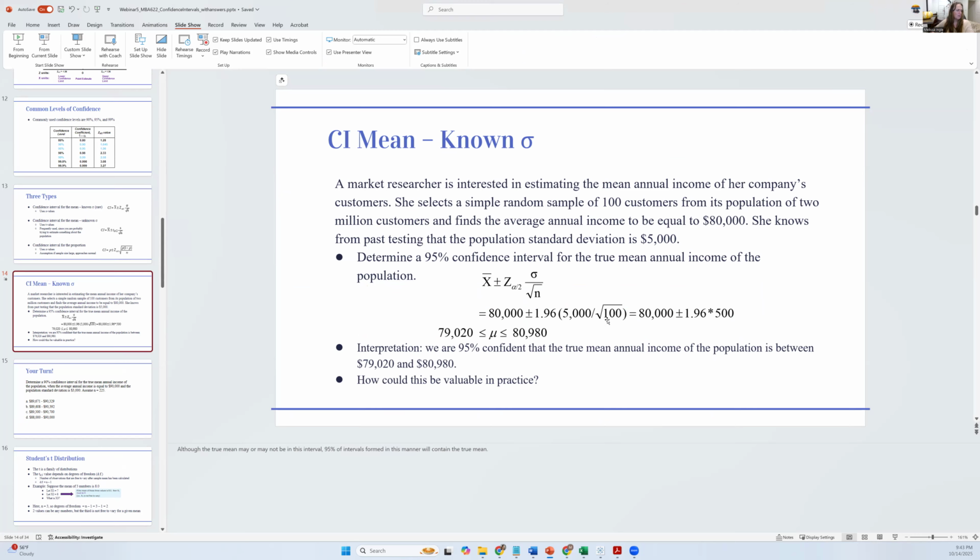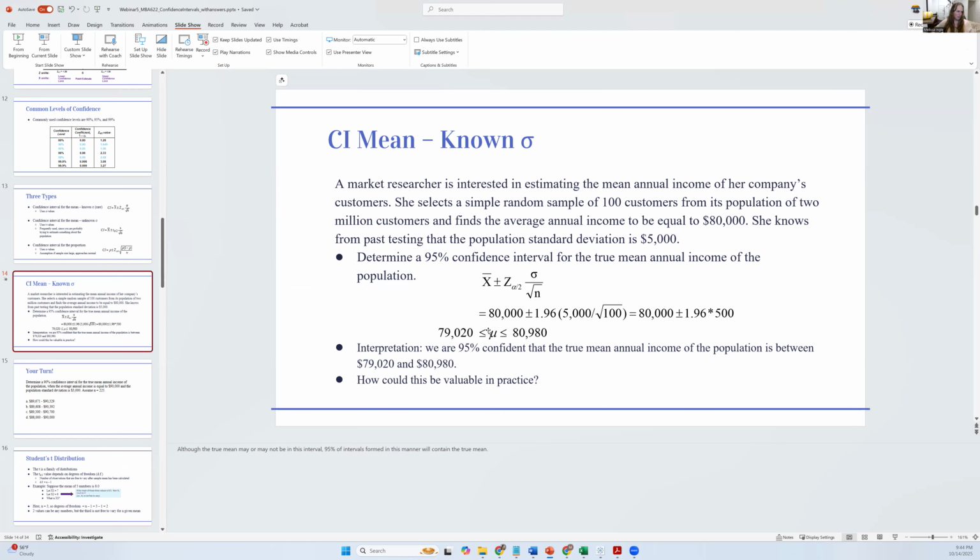5,000 divided by the square root of 100. So that simplifies to 80,000 plus or minus 1.96 times 500, because 5,000 divided by 10 is 500. Very, very straightforward, right? So that ends up being about 980. Something like that.